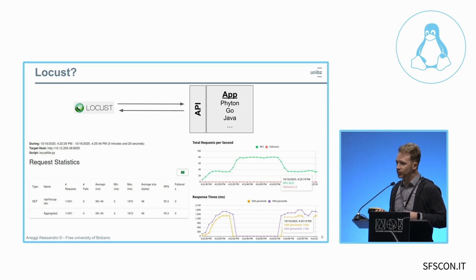And Locust generates, for example, multiple user requests made by API requests, and can also generate some specific workload, like first login and then ask for some data, and after that make a post to edit something and so on.